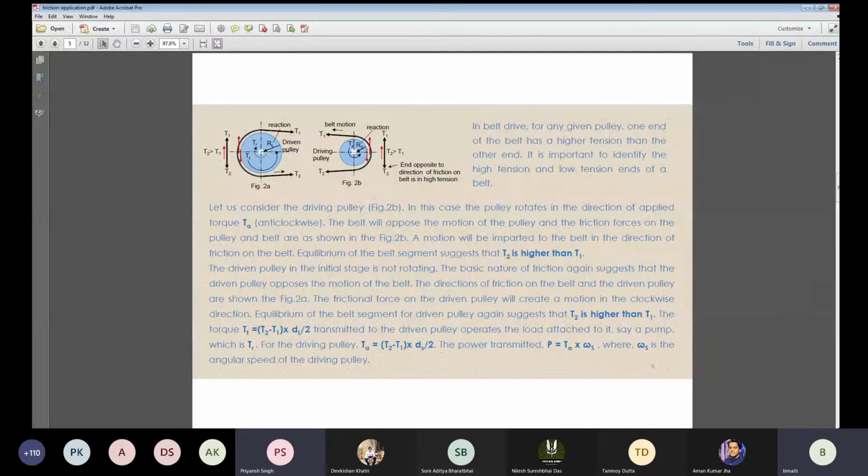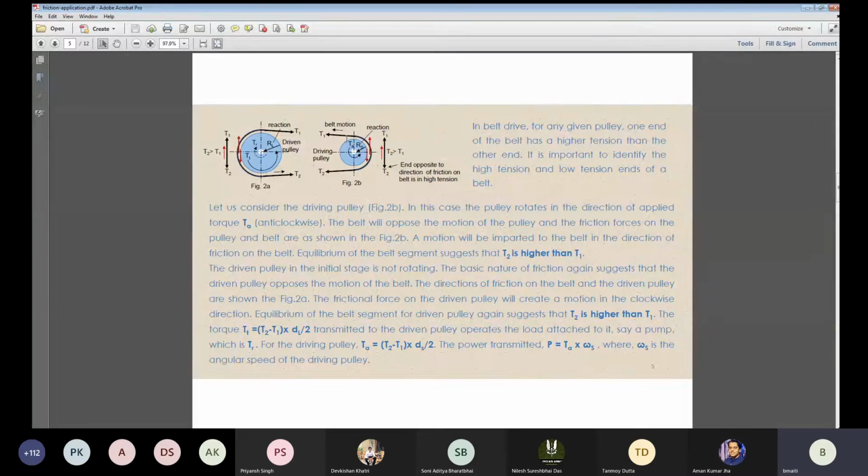If the power transmitted is higher than what that ratio allows, the belt over the driving pulley will continuously slip because it is exceeding the capacity of T2 by T1, the lower value.